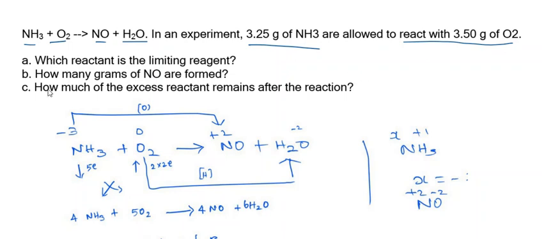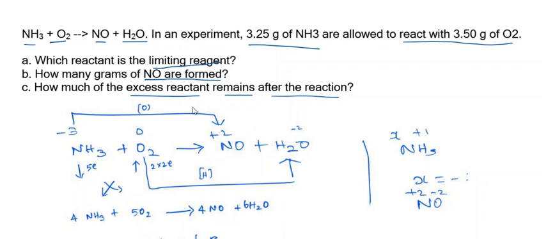Now the questions asked here are: which reactant is the limiting reagent? How many grams of nitrogen oxide are formed? How much of the excess reactant remains after the reaction? So we need to discuss these three answers.